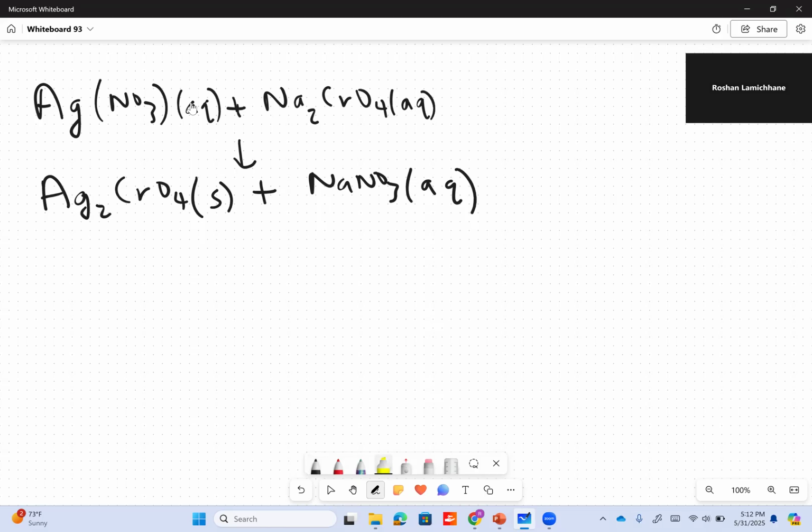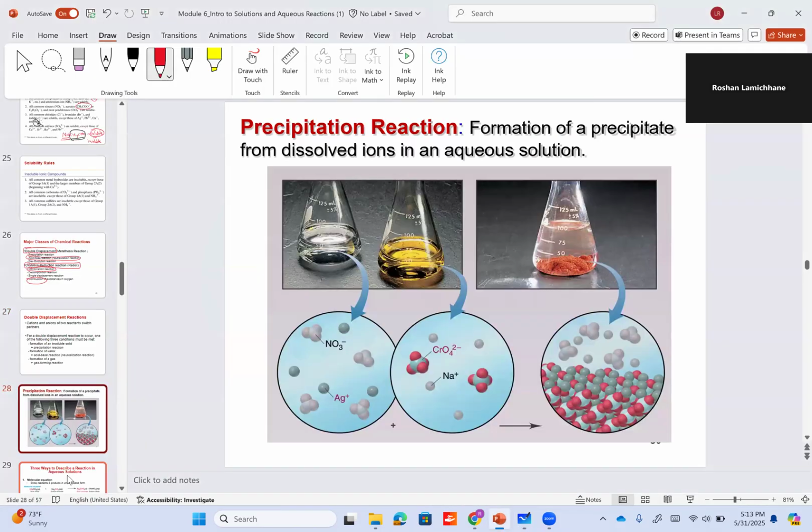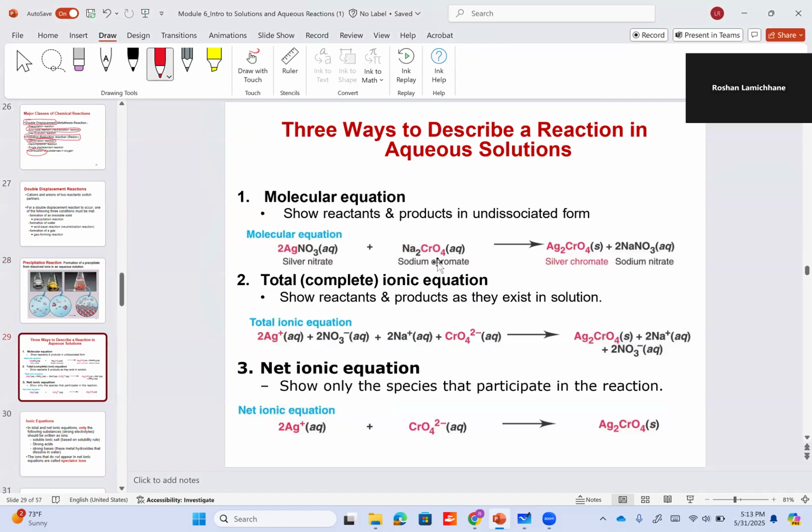If you start out with soluble salts, AgNO3, the aq is telling me that this salt is soluble in water. This salt right here is sodium chromate, and you're going to see that in the next slide as well. You don't have to worry about the naming, because it has told you this is sodium chromate.